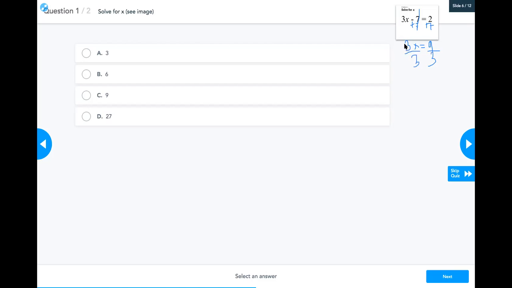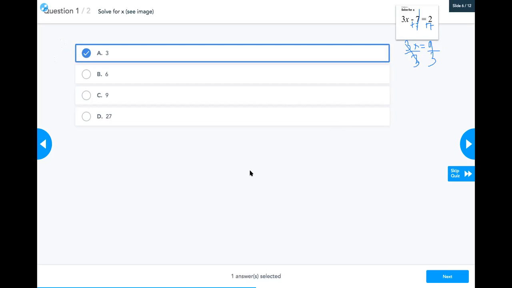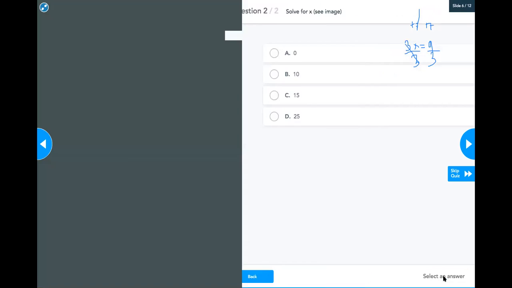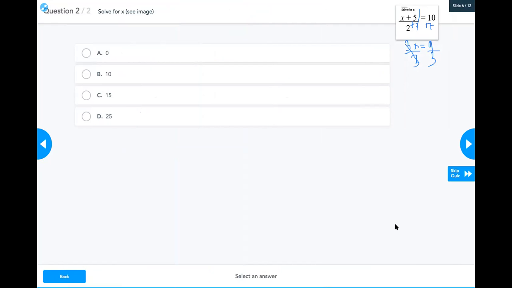Those 3 cancel out. 9 divided by 3 is 3. Next. Oh, here's the next button. Oh, it didn't tell us, but yes, that was correct.